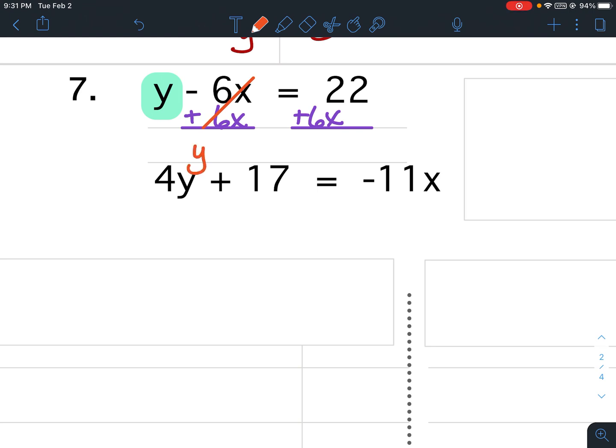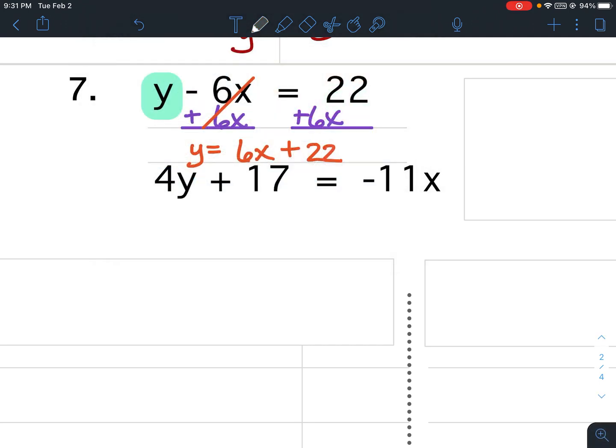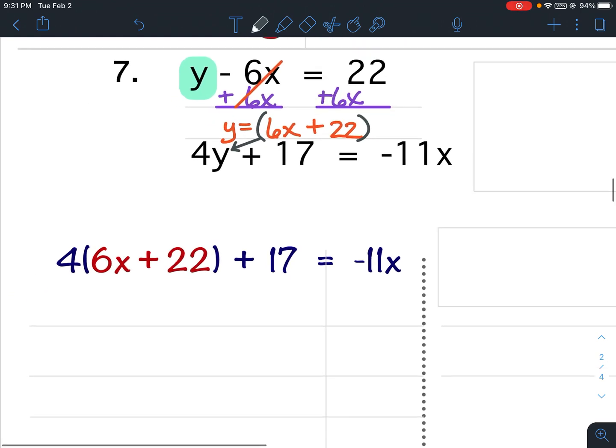And I'm going to have y equals, bring down the 6x, bring down the positive 22. So the 6x plus 22 will sub in for the y, and it will look like this. So where the y is, I'm going to replace it with 6x plus 22. Pause your video, get all of that written down.